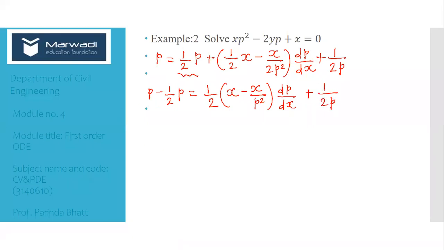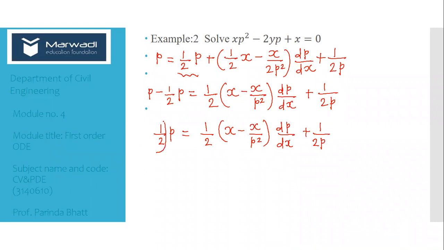Now p, this is 1 minus half, therefore half equals half, x minus x by p square, dp by dx, plus 1 by 2.